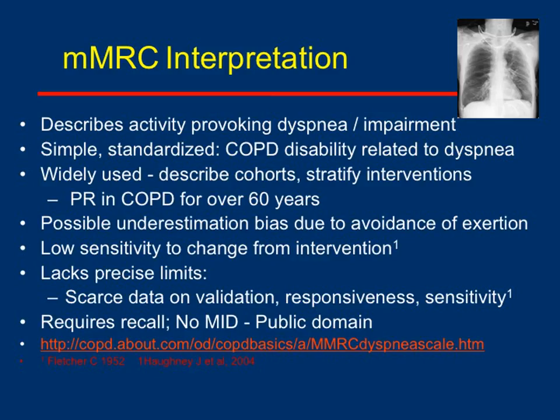It lacks precise limits, so it's a bit general in its description, and there's scarce validation data because it's been around a long time. In terms of responsiveness and sensitivity, the data really isn't there, but it's very commonly used and rather easy to use. Next slide, please.